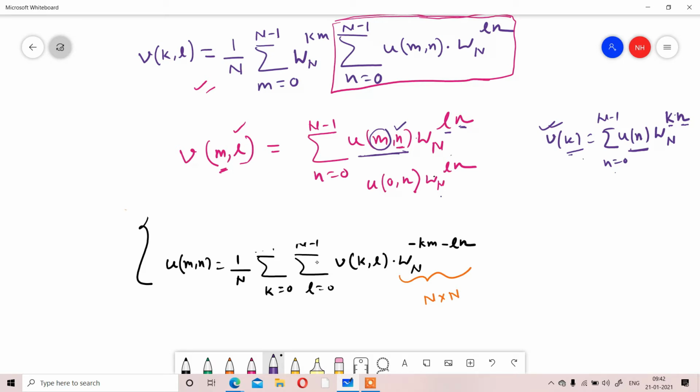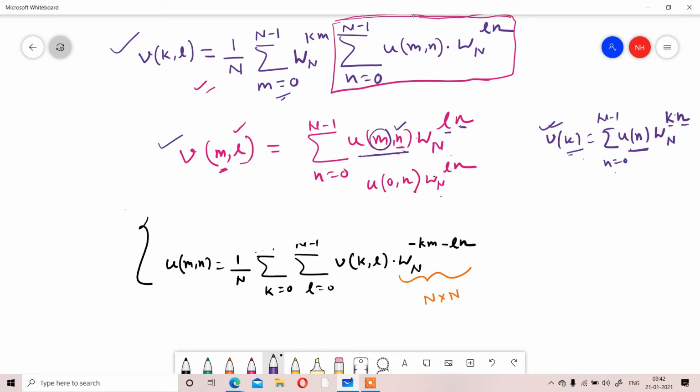Okay, so that is happening here. For a single value of m, you are getting the operation over the column. Then for the next value of m, the next operation over the column. In that way, for every value of m you are getting the operation over the column, and finally you are getting V of KL.